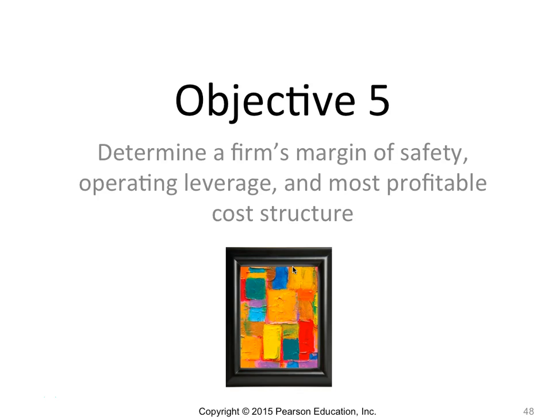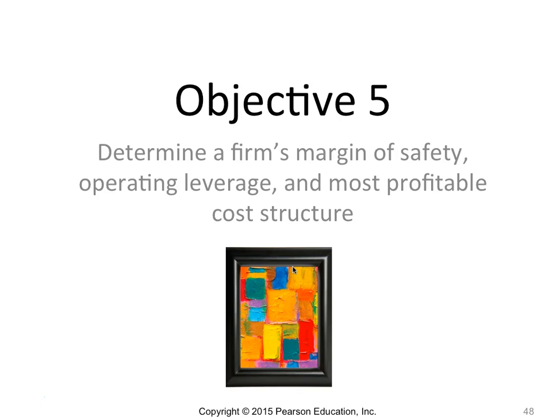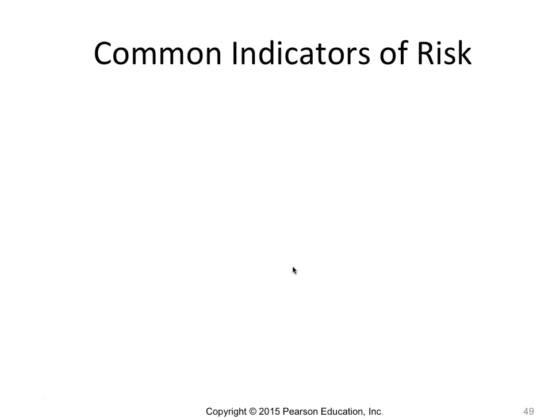So objective number 5 is to determine a firm's margin of safety, operating leverage, and the most profitable cost structure. Again, cost structure here is to find out the product mix, for example, and also find out how variable cost is going to affect things, how you're going to reduce the variable cost, for example.